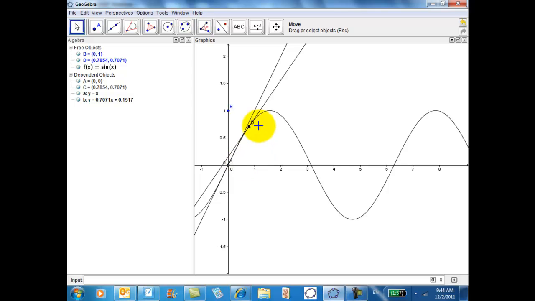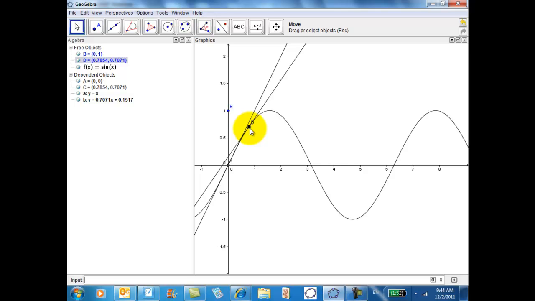Now, do you see how D overlapped with another point we had there already? Yeah, I think it did. It's right on top of C. Point C and D are the same thing. So there's one point where the original function and its derivative have a common point.